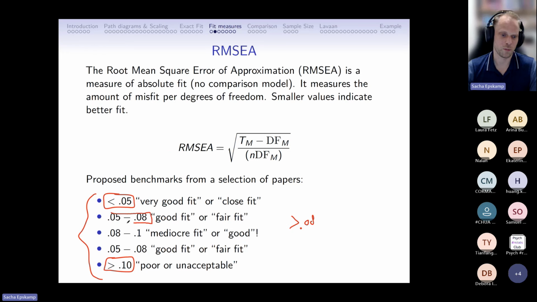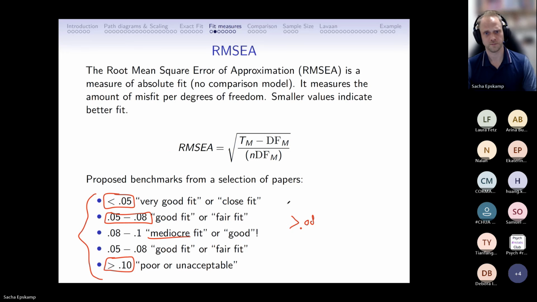In that area, 0.05 to 0.08, it's fair, it's mediocre, it can still be considered good. It's a bit more arbitrary. Below 0.08, people would say it's still an okay model, usually. That's the RMSEA. So the RMSEA is basically a scaled version of the chi-square.